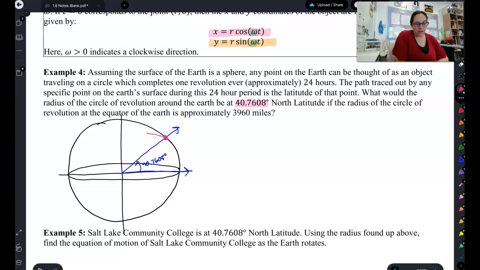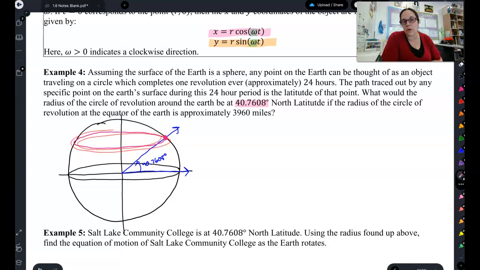And this point has its own circle that it travels around each day. So each day this point makes a revolution around the spherical surface of the Earth.